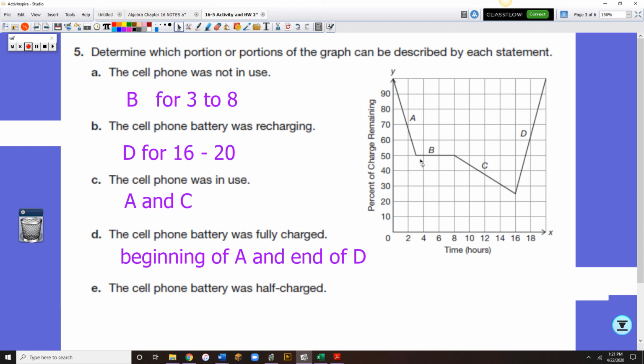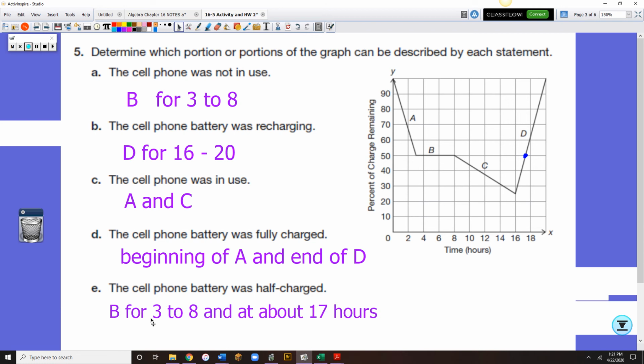The easy one to spot is here at B, the whole section of B, but I would argue that right here, the cell phone was also 50% charged. So B from hours 3 to 8 and at about 17 hours. That's probably a little more than 17 hours, but thereabouts it was at 50% as well.